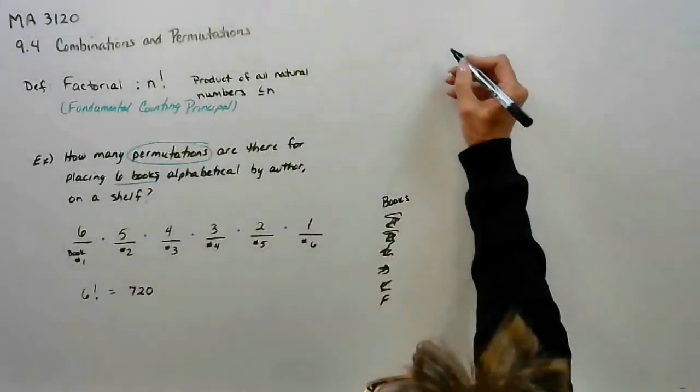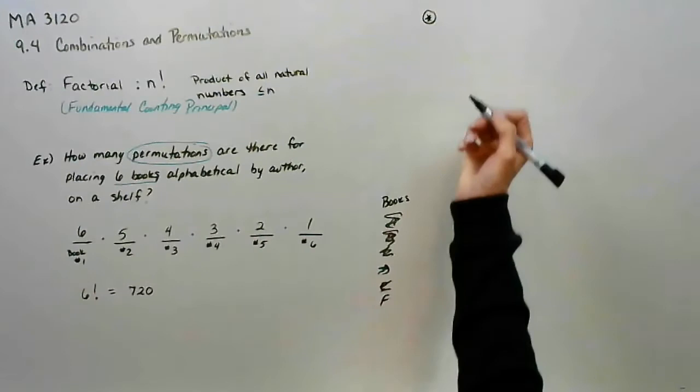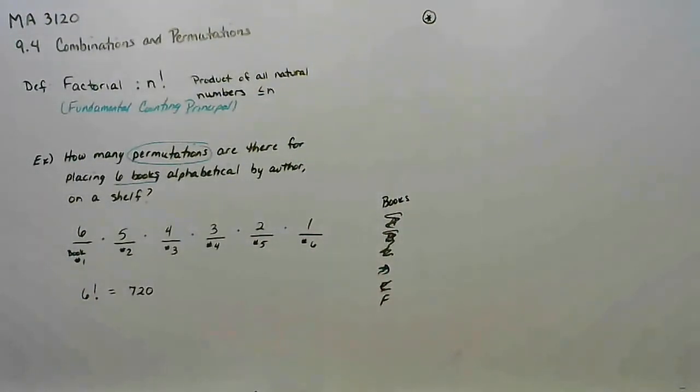So here, let's take a look at our formula now. For the number of permutations of objects that are chosen from a set.